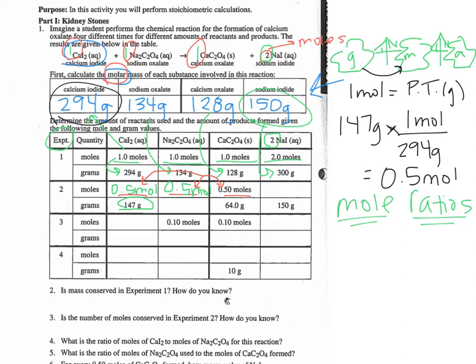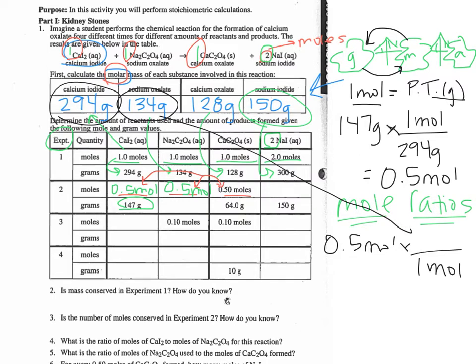All right, and so in order to find the missing grams for sodium oxalate, we're going to use our conversion again, 1 mole equals whatever's on the periodic table. And this time, we're going to be multiplying. So 0.5 moles. To get rid of moles on the bottom, we'll be multiplying by our molar mass. And this time, the molar mass for sodium oxalate is 134, so 134 grams.